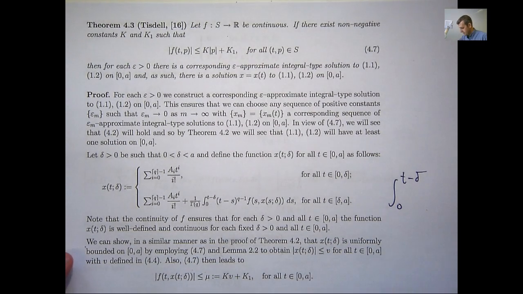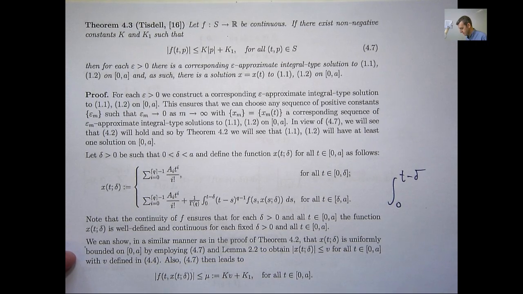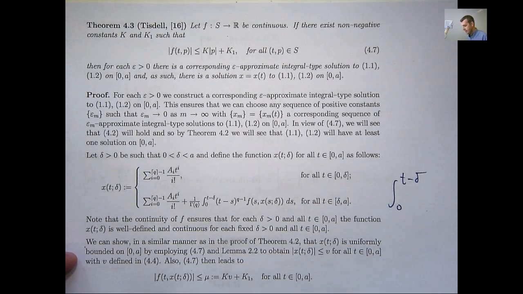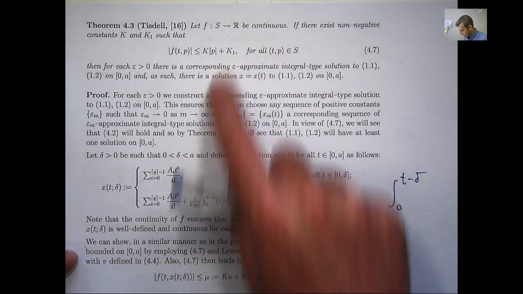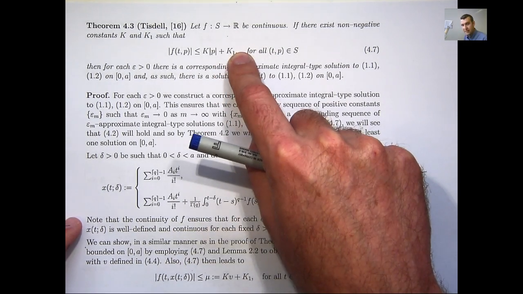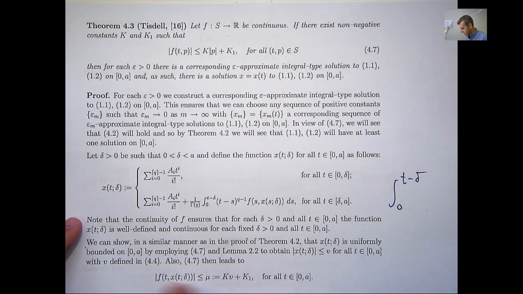Okay, well, you can show, in a similar manner to the proof of the previous result, that this function here is uniformly bounded on our interval of interest. And the bound is just coming from limit 2.2. Now this sort of linear growth condition then leads to the following.